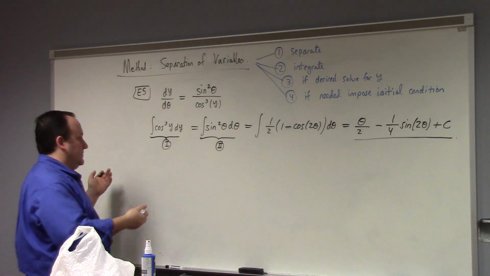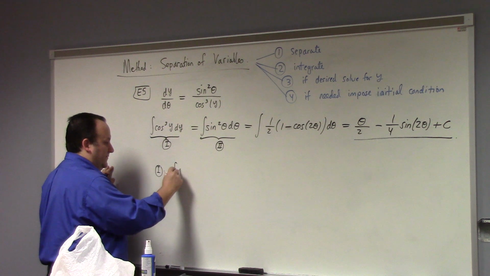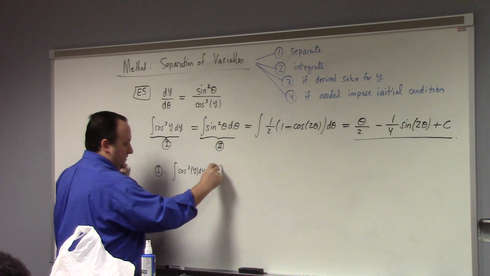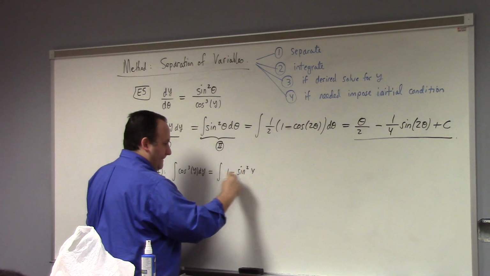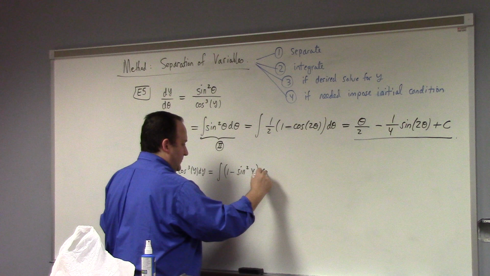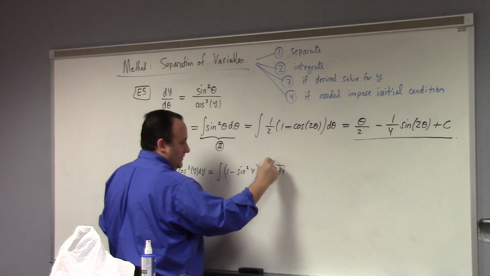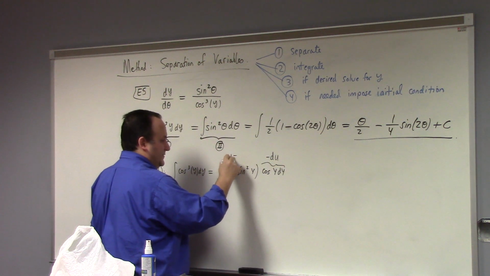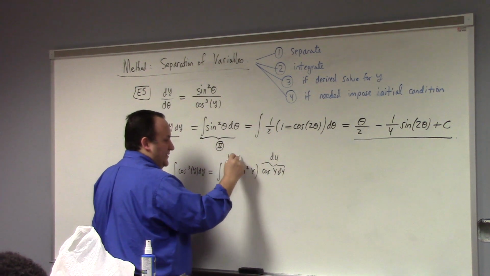How about the left-hand side? How about 1? We've got the integral of cosine cubed y dy. So I rewrite that as 1 minus sine squared y times cosine y dy. That's a plus du, my bad. So I make my u equal to sine y.